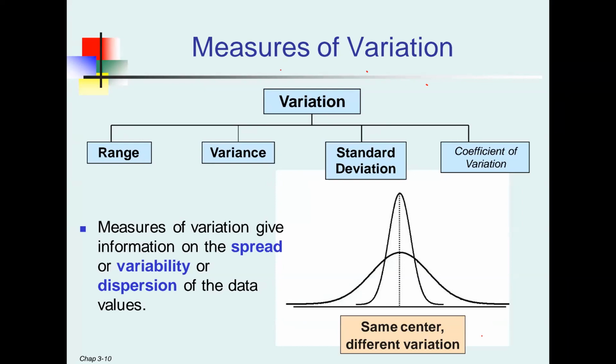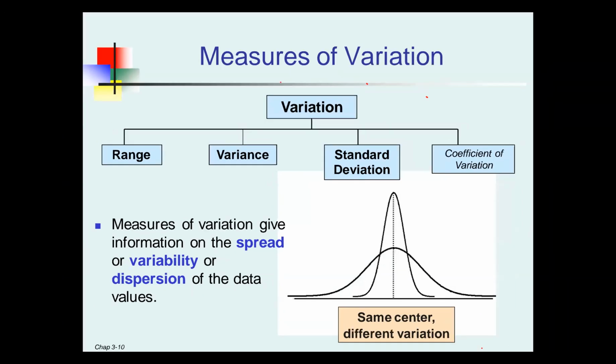So listen, the central tendency will explain to us to what extent the individual scores are grouped at the center. Those measures of central tendency, the mean, the mode, the median, all of them explain more about the central tendency.